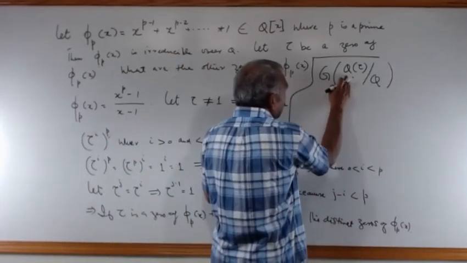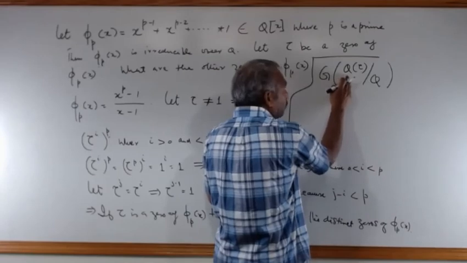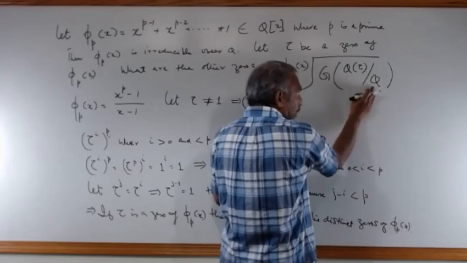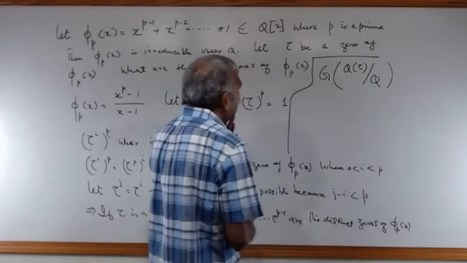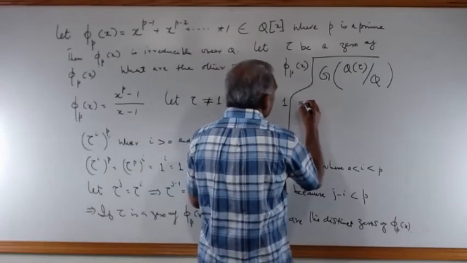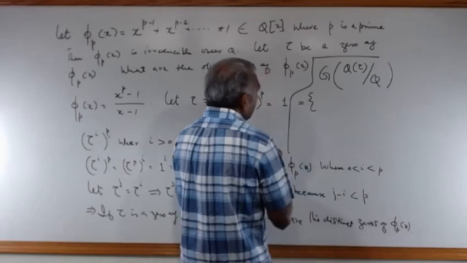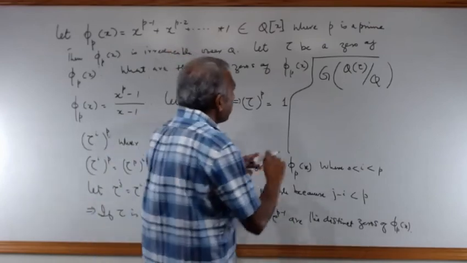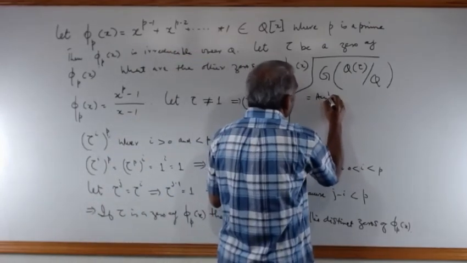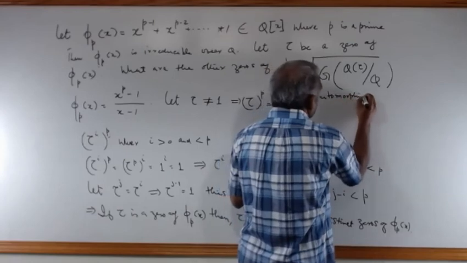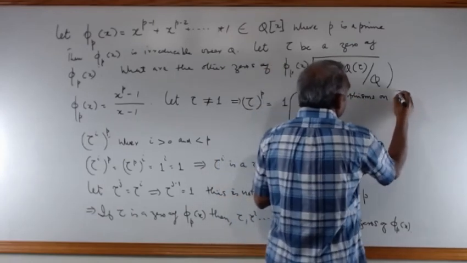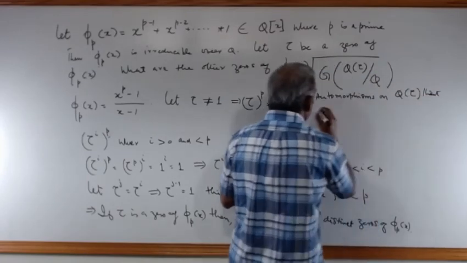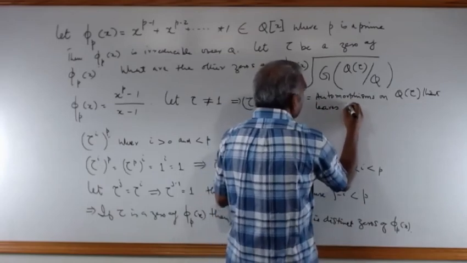This is actually the collection of all automorphisms on Q(ψ) over Q. So this is equal to automorphisms on Q(ψ) that leave Q fixed.